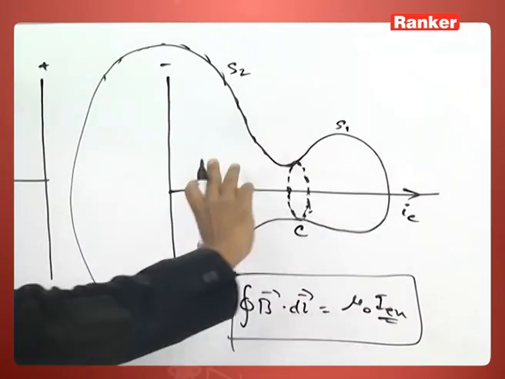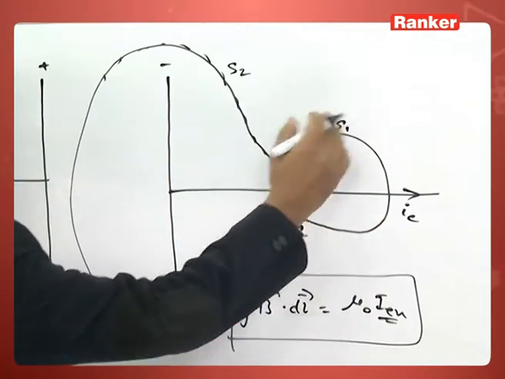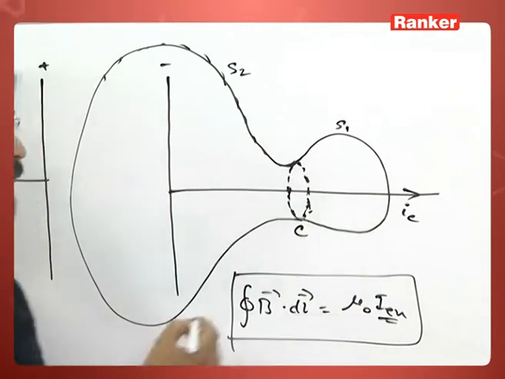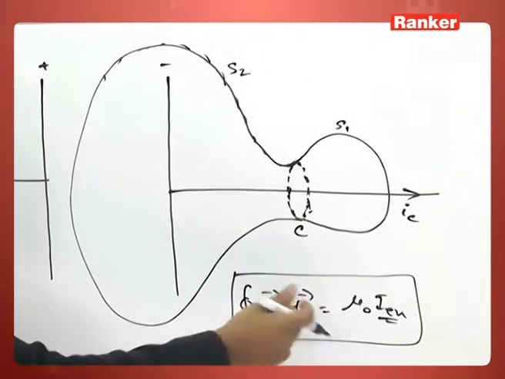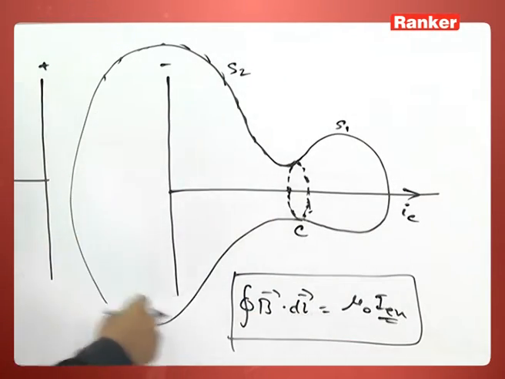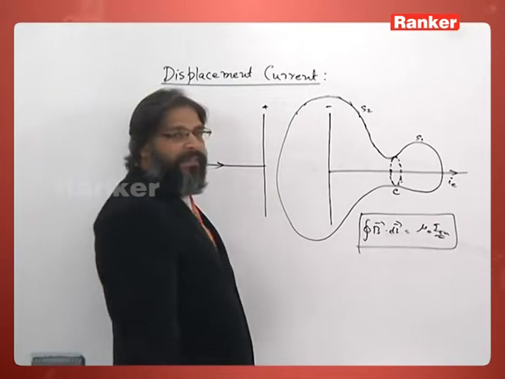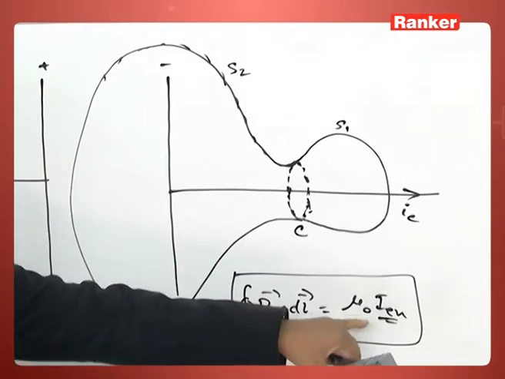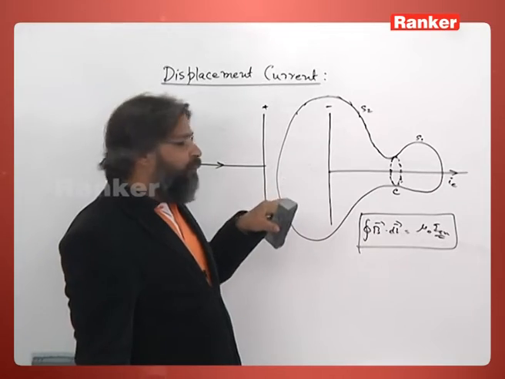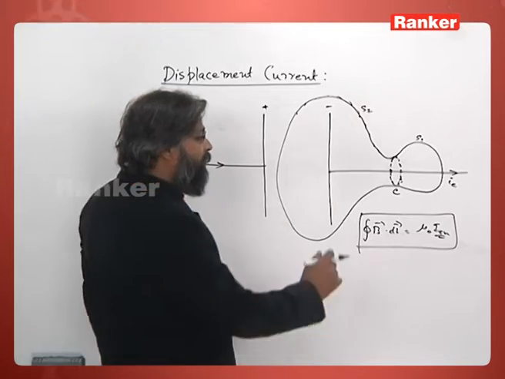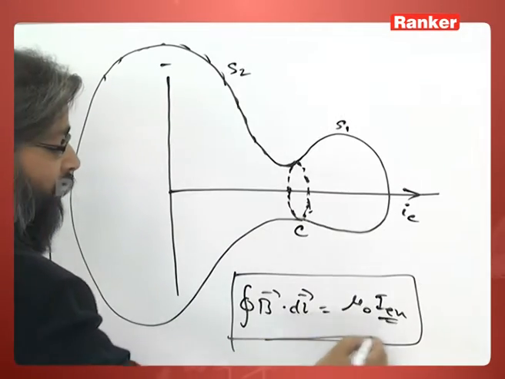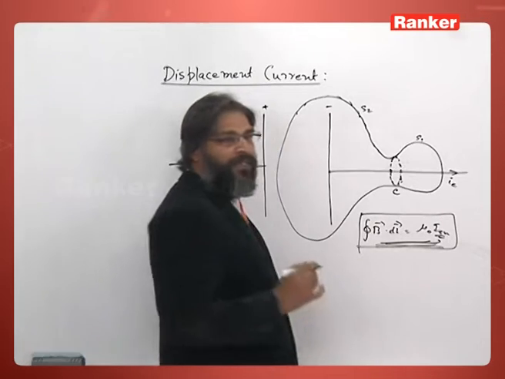So from the S1 surface I got a current enclosed and B dot dl is finite. But when we see it this way, we don't find any mu naught I enclosed, there is no current enclosed. That means there is some flaw with this equation, Ampere's law.